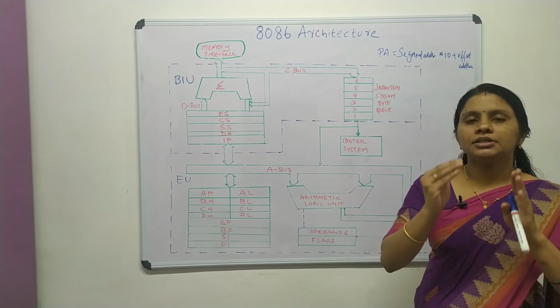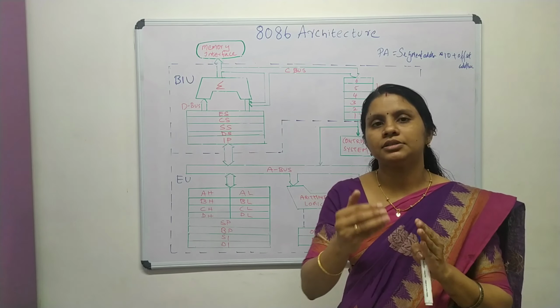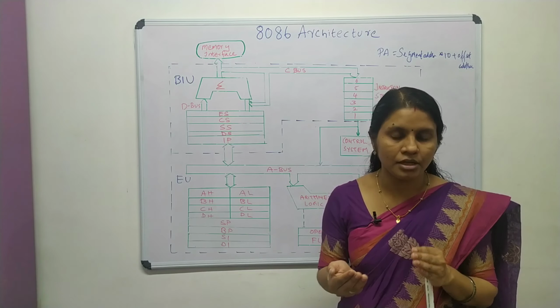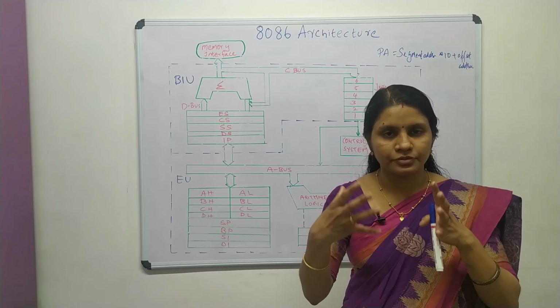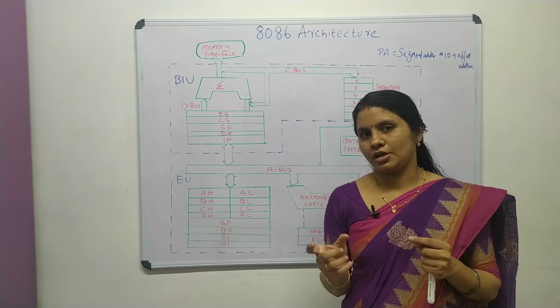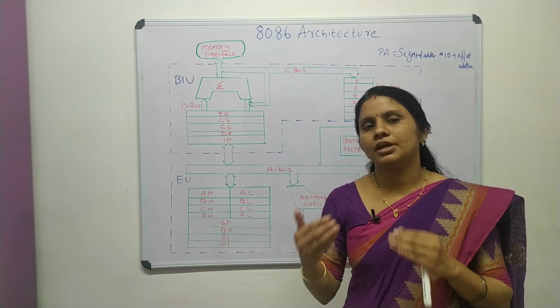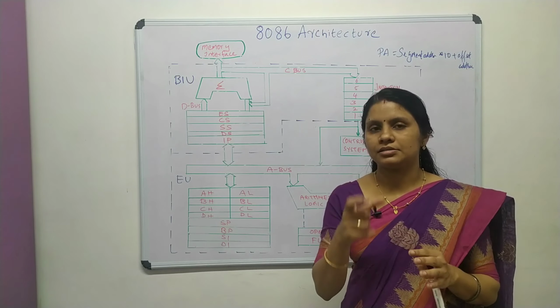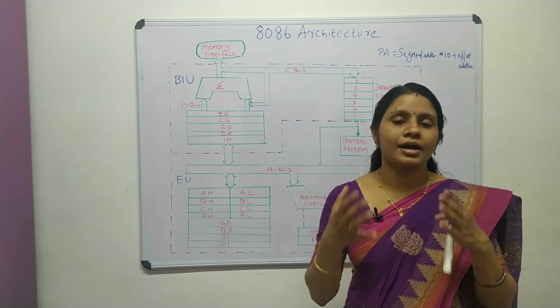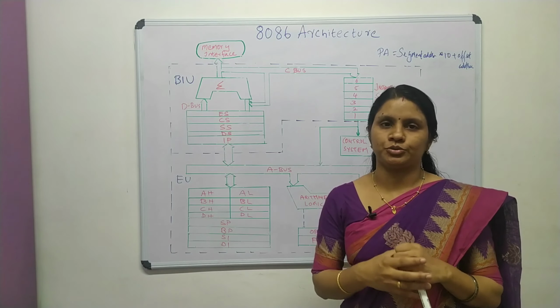Okay, the BIU will be fetching the instructions in advance, right? Such fetching we call pre-fetching. All the pre-fetched instructions, that is, all the future instructions, are stored inside the queue.